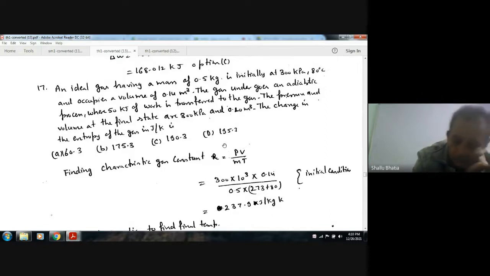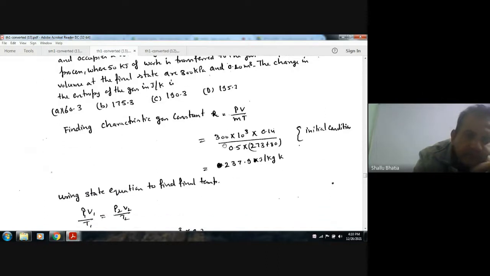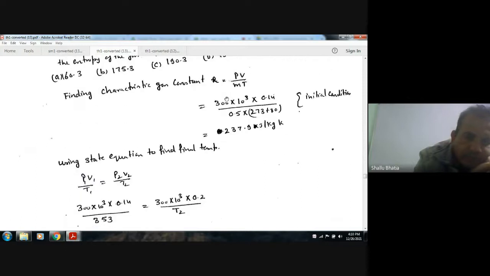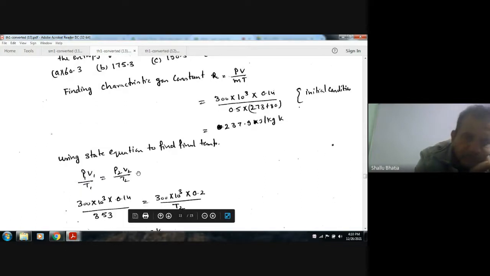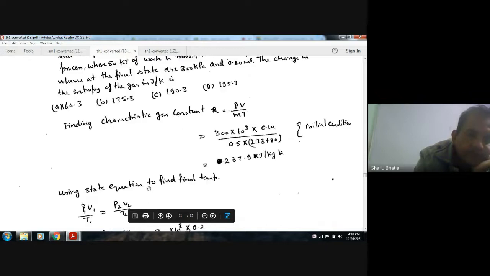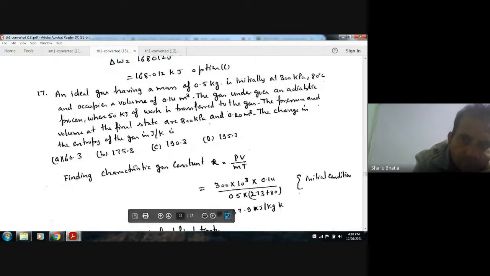Only pressure and volume are given, so we can find the temperature from P1 V1 by T1 equal to P2 V2 by T2. So T2 is equal to 504.285 Kelvin.